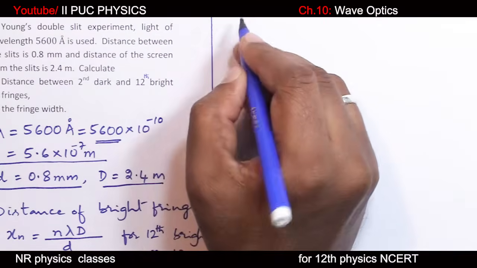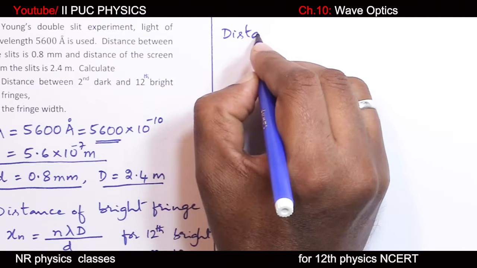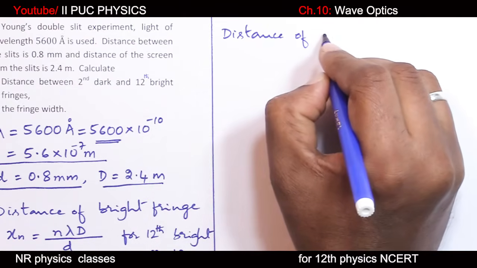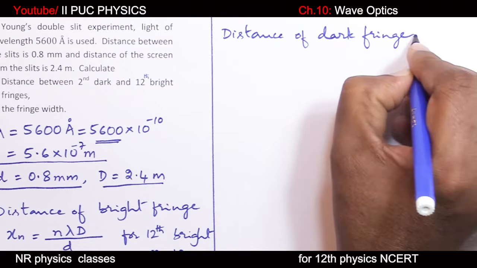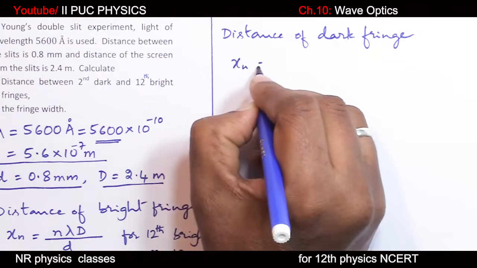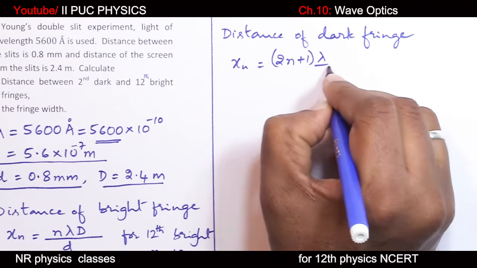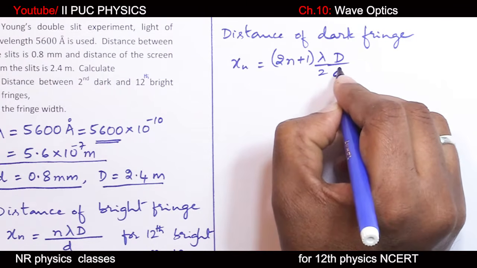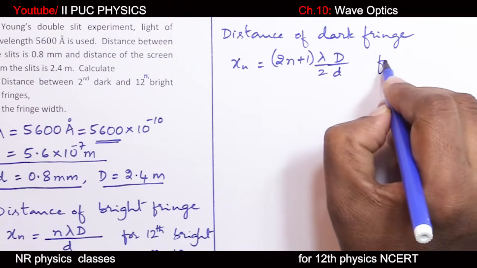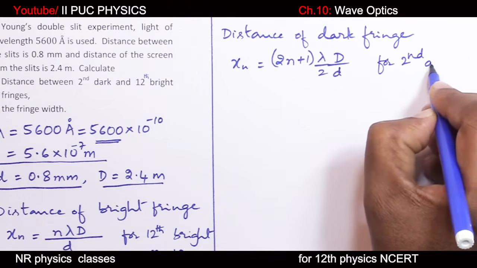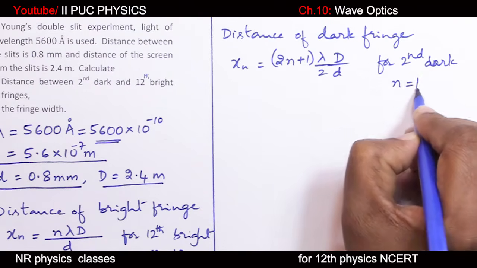For second dark, distance of dark fringe Xn equal to (2n plus 1) lambda by 2 capital D by small d. For second dark fringe, n is 1.